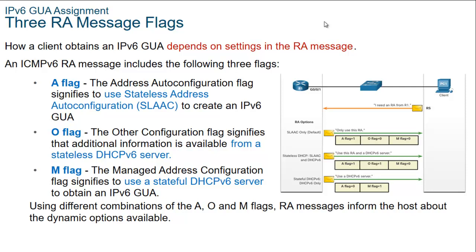The A flag is the address auto-configuration flag. This flag signifies that it's using the stateless address auto-configuration, or SLAAC, to create an IPv6 GUA. The O flag is the other configuration flag, and it signifies that additional information is available from a stateless DHCP server.